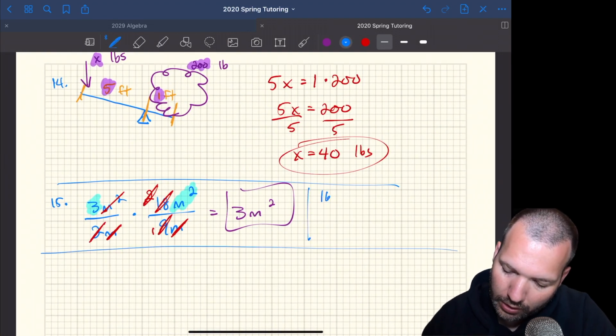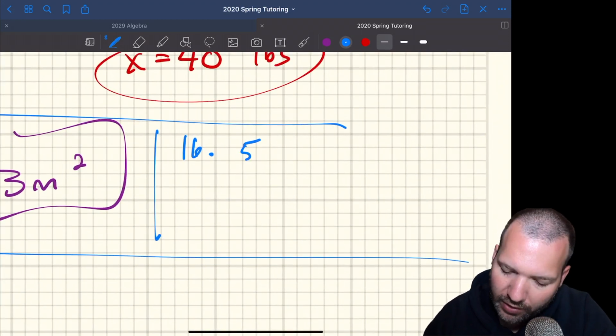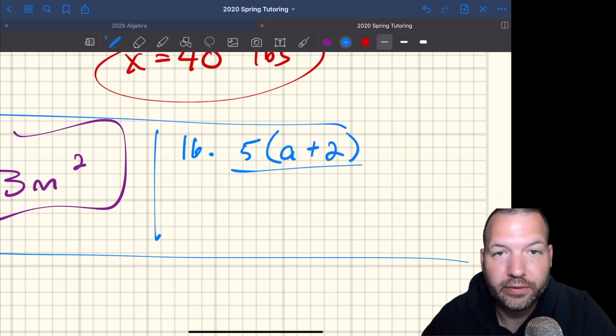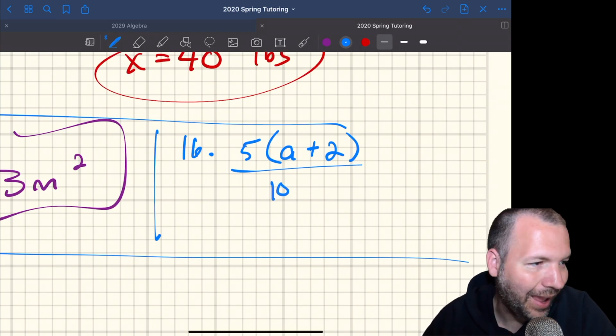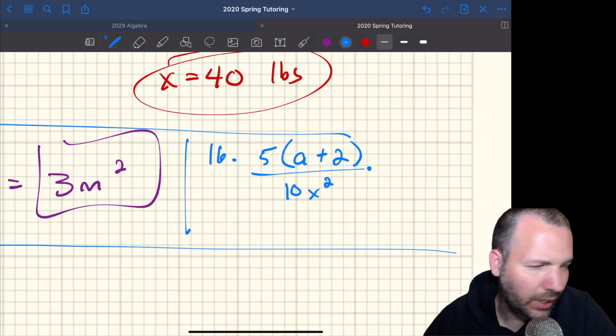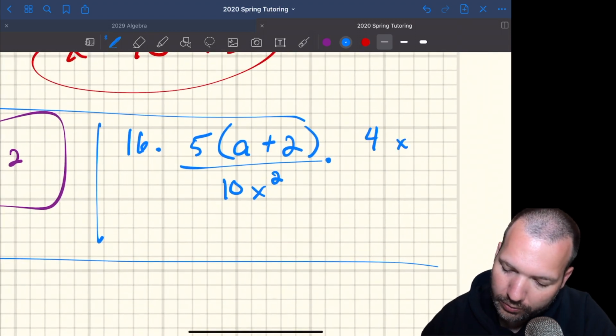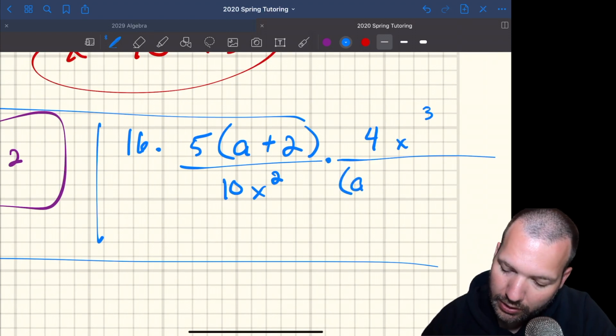And then number 16, can we fit it in? 5a plus 10. I'm just going to go ahead and factor the 5 out because I want this to go a little faster. 10x squared will stay like that. 4x cubed, man, maybe I should have moved this down, times a plus 2 over 9a plus 2.